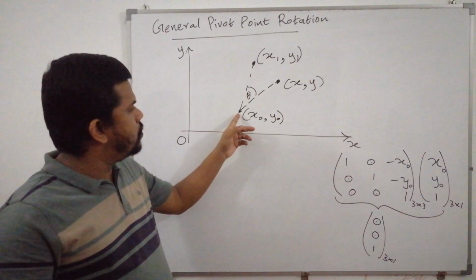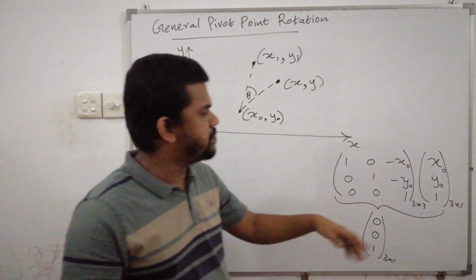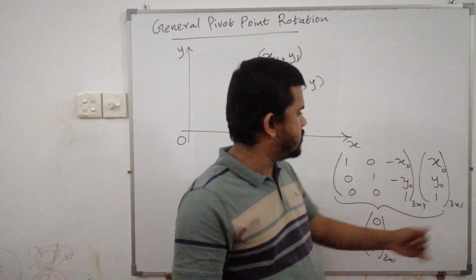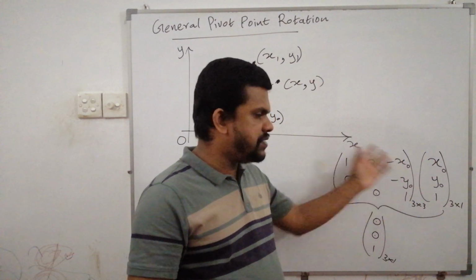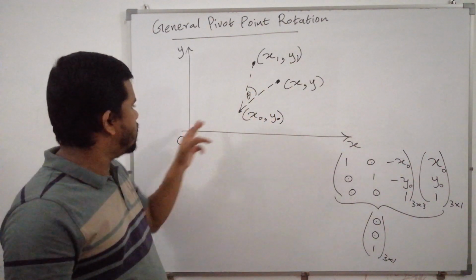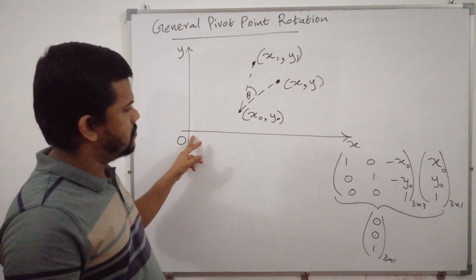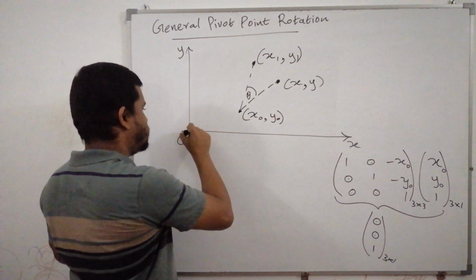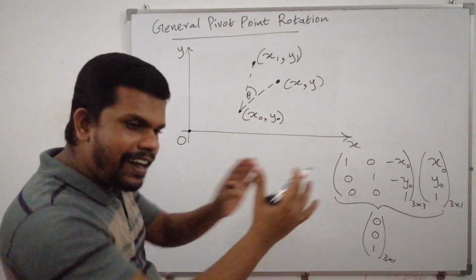That means if you use this point here for this matrix, when we apply this transformation matrix, this will come to the origin. This to origin. Then this is a translation.